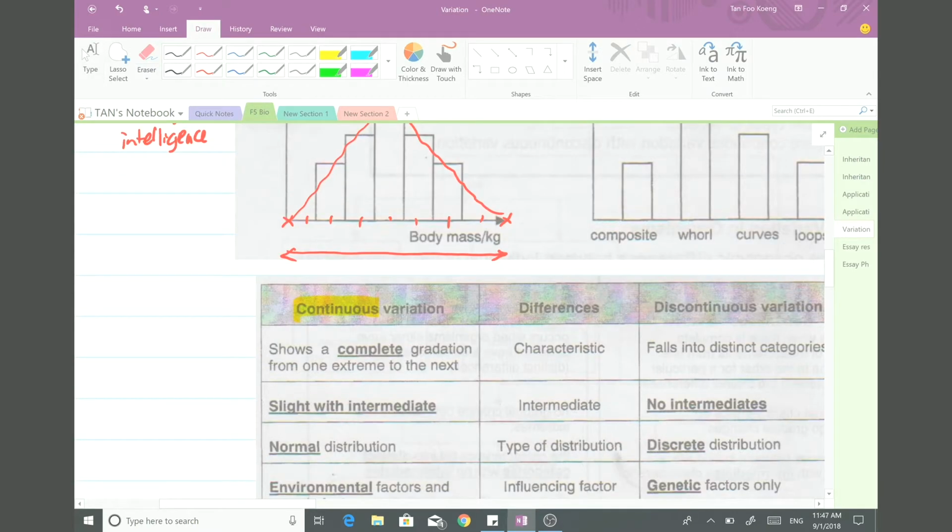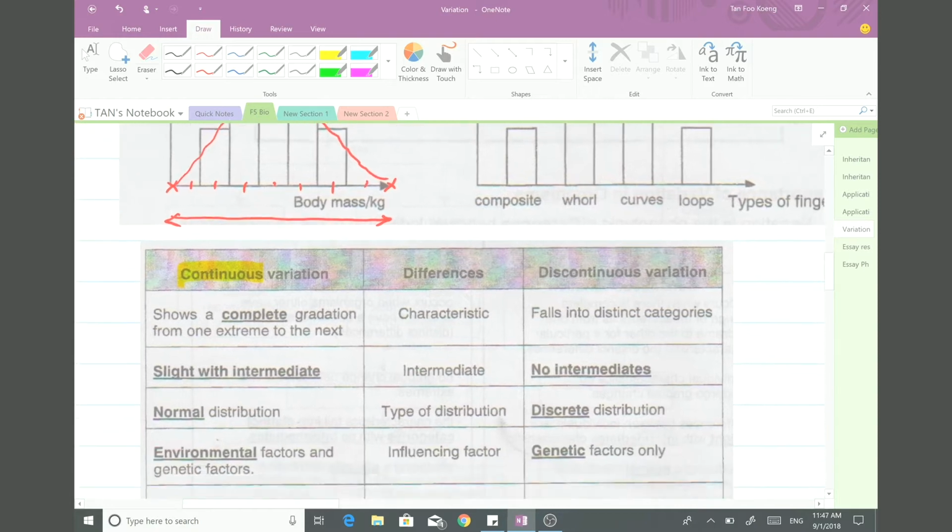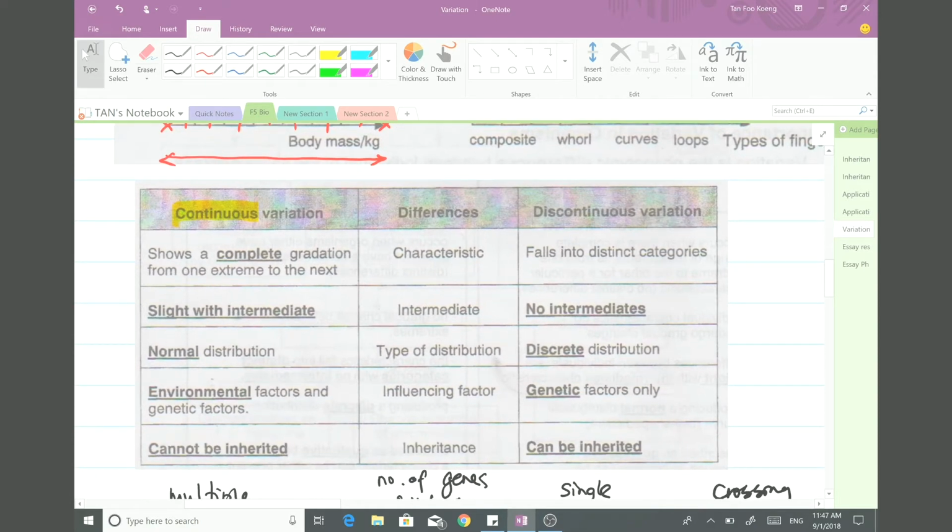All right, so let's look at this table. Continuous variation shows a complete gradation from one extreme to the next, and it has many intermediates between the two extremes. So if you plot the graph, that graph is known as normal distribution. This variation is determined by genetic factors.